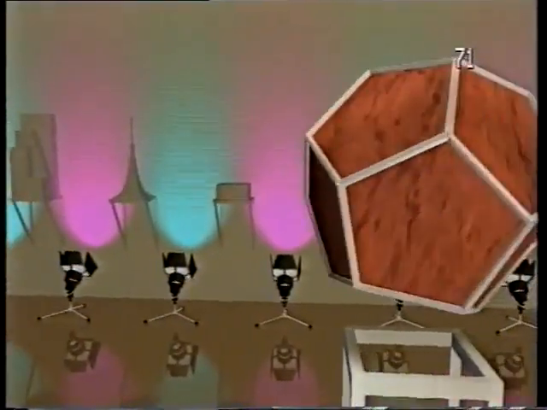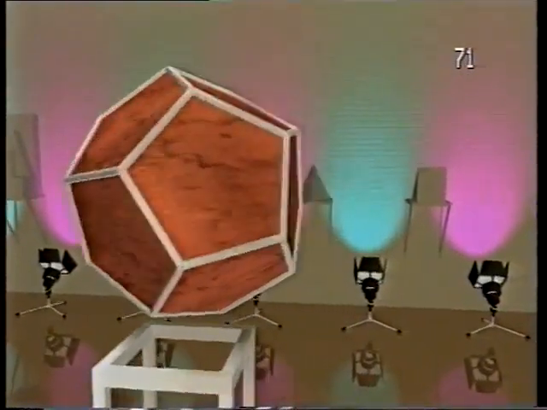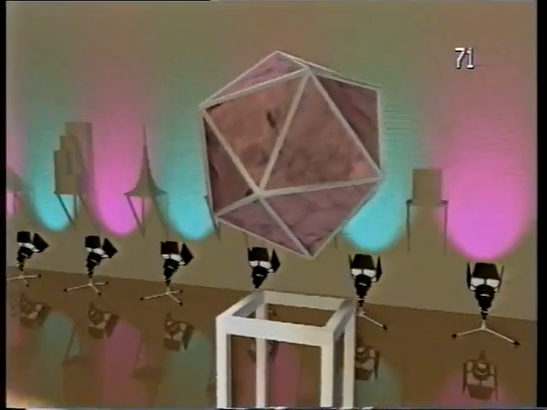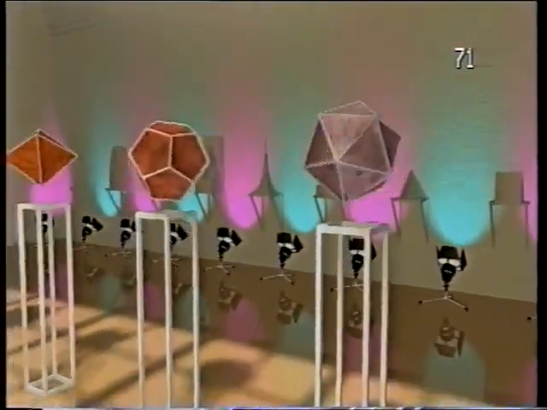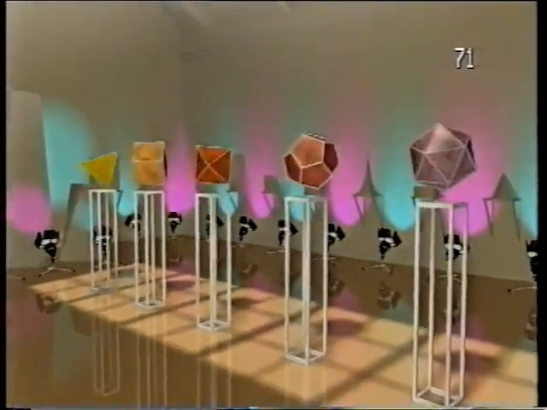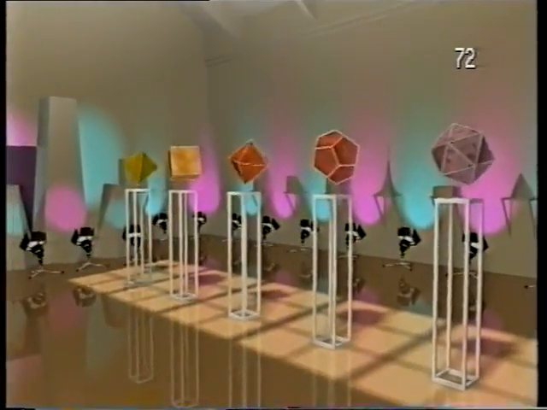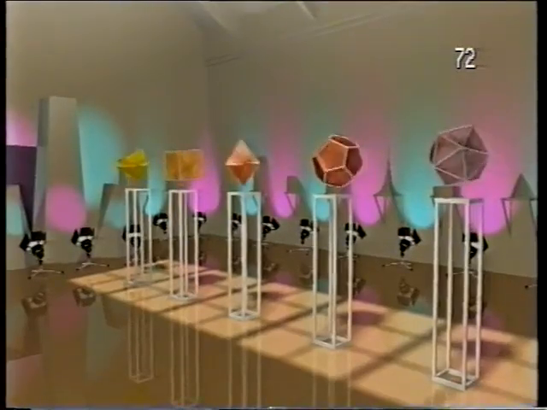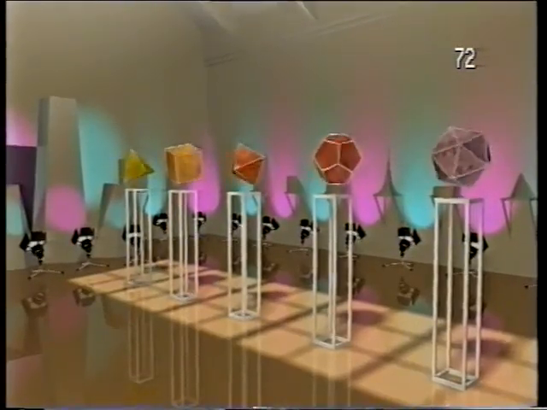In the last section of the video, we showed that the direct symmetry group of the dodecahedron is isomorphic to A5. And by the duality of the dodecahedron and icosahedron, their rotation groups are the same. So we've achieved our aim of classifying the direct symmetry groups for all 5 regular solids.